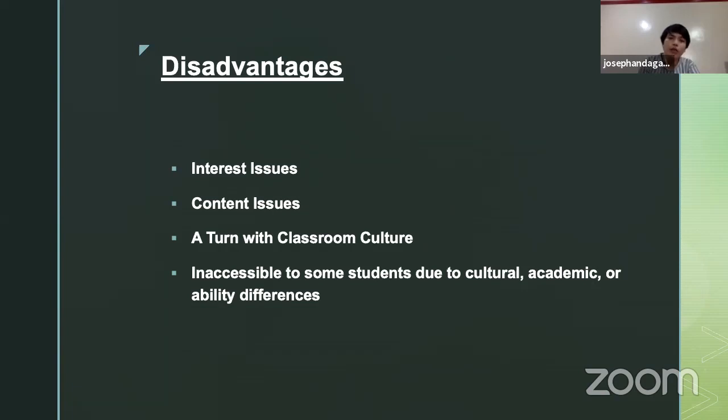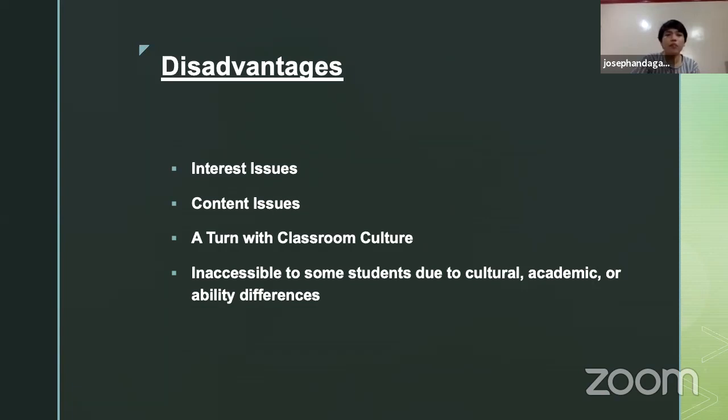And then it is inaccessible to some students due to cultural, academic, or ability differences. Not just because of the horizontal integration, but with the kind of situation that we are currently experiencing with the pandemic, that we have to face today in the next few days, months, and even for a year.